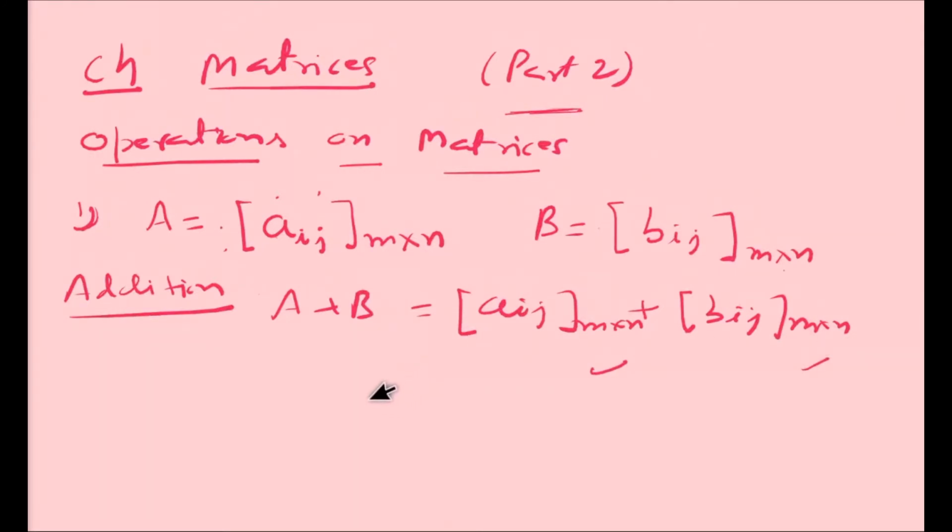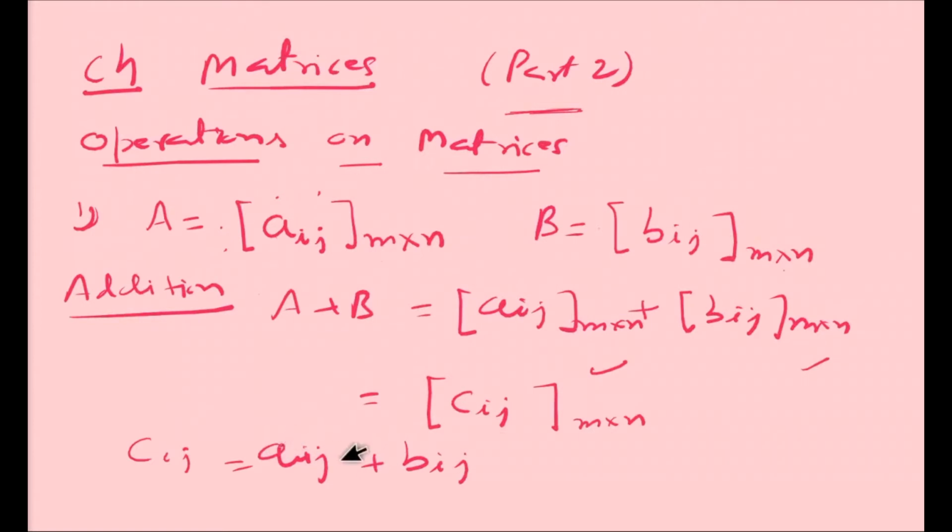Now how you can add this? The resultant is let matrix of same order m into n and member is Cij. And what is the meaning of here? Cij is Aij plus Bij. What do you mean by this? It means if it is 1 1, then it should be 1 1.